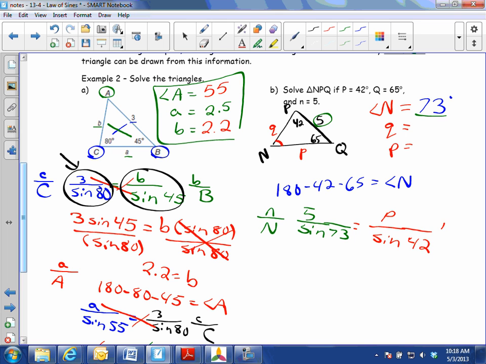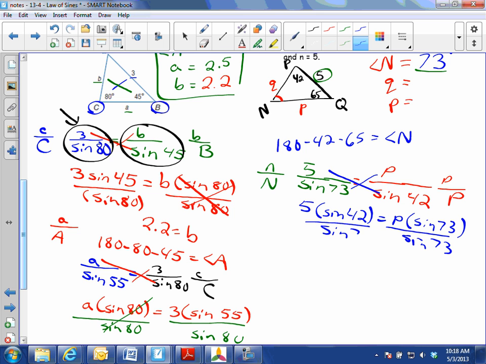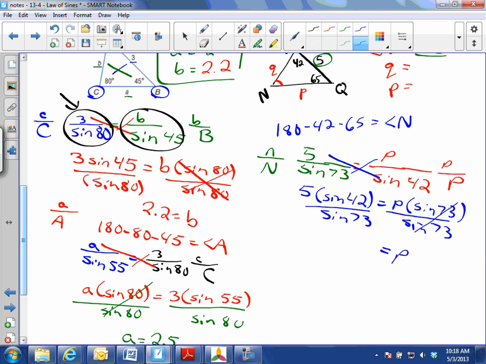This would be p over sine 42. All right, and then just like before, cross multiply. What do you end up with? You got it.